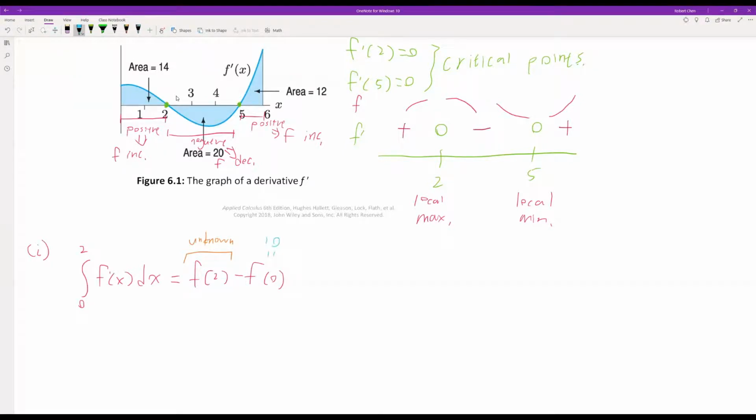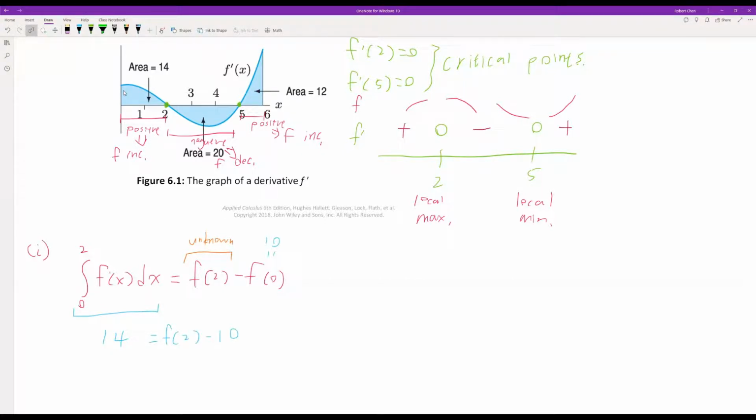And we also know the left-hand side. That definite integral represents the area under f prime from 0 to 2. And from the question, it tells us that it's 14. And since it's above the x-axis, it's actually positive 14. So what we have is 14 is equal to f of 2 minus 10.